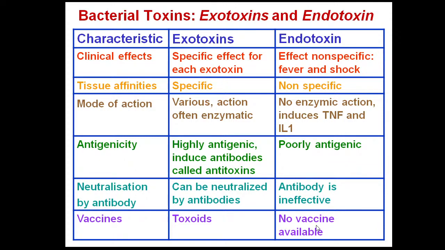Usually, the release of endotoxin causes fever, a very high inflammatory response, and sometimes, if it happens in the bloodstream, it may cause endotoxic shock. So then, the property of tissue affinity: of course, because exotoxins have particular specific effects, they have a high specificity for particular tissues. While endotoxins do not act specifically.